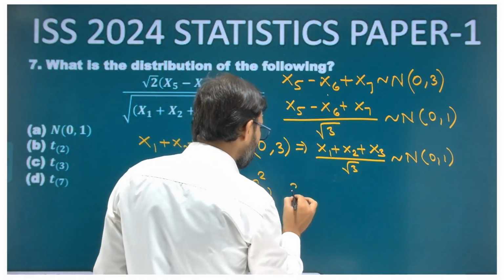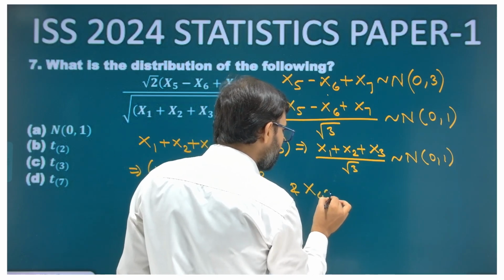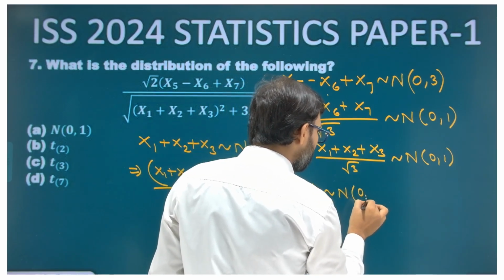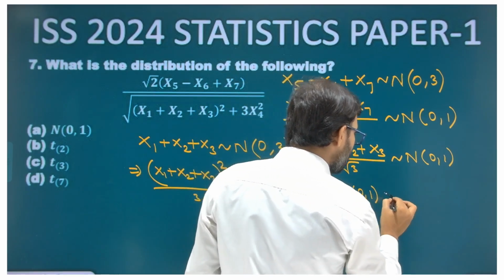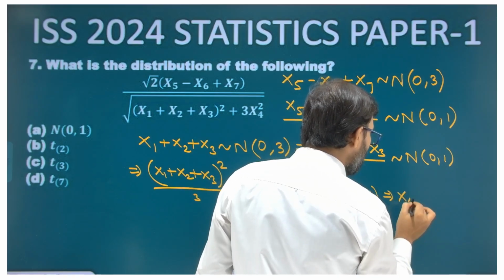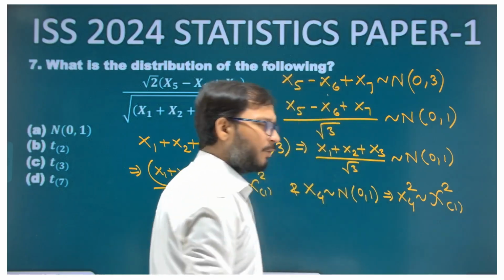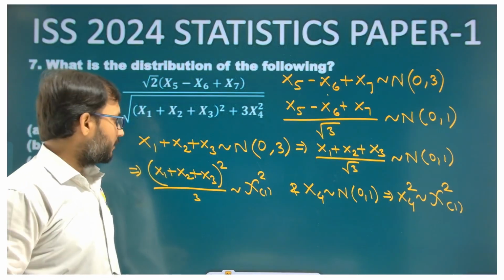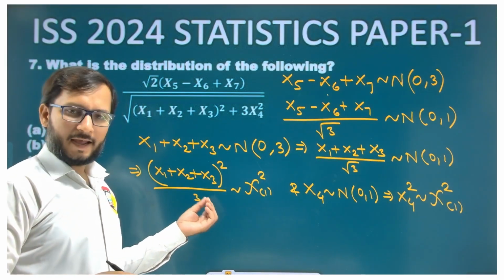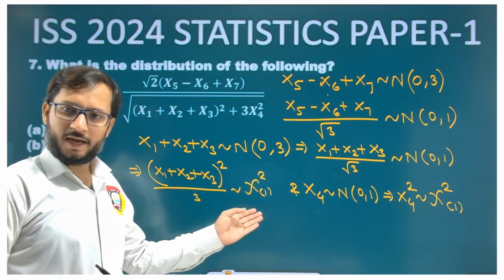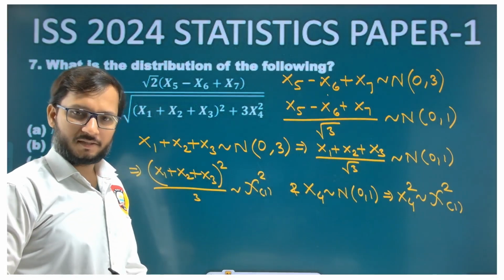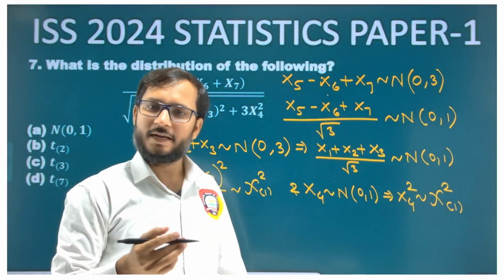And because x4 follows normal 0, 1, this implies x4 square follows again chi-square 1. We know by the additive property of chi-square that if there are two variates x and y following chi-square n1 and chi-square n2, then their sum will follow chi-square with n1 plus n2 degrees of freedom.